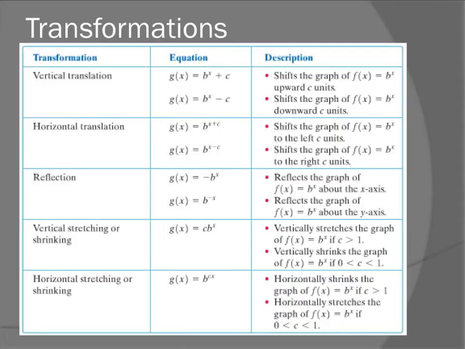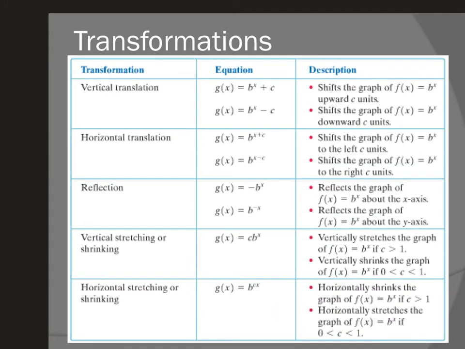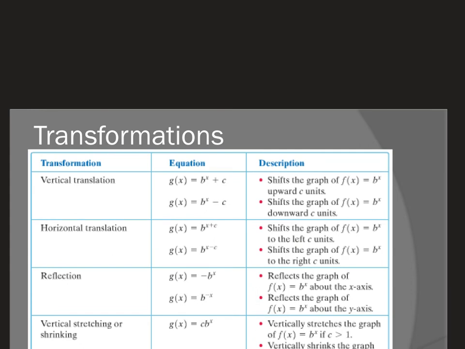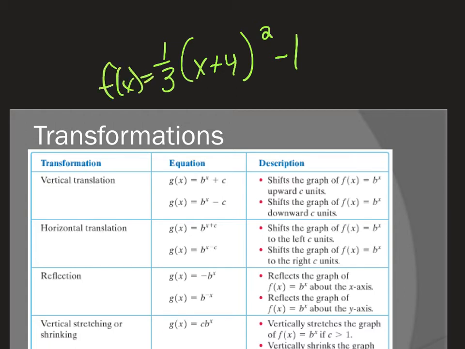What we're going to talk about here, all right, if I gave you guys this, and I said, what are all the transformations that are happening here? What would you guys tell me? Where is this parabola going to move?